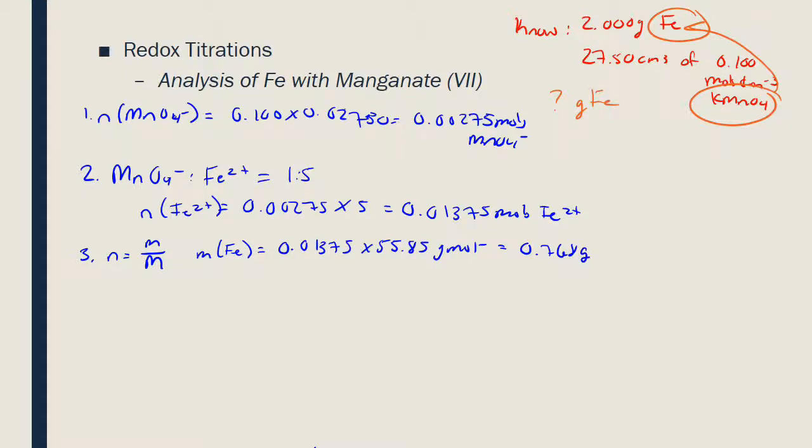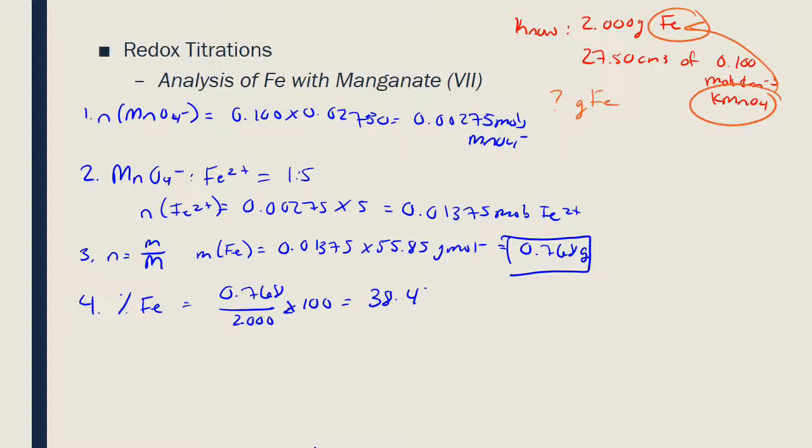So that is how many grams of iron are in the tablet. Now, how much of that tablet is actually iron? So we take that 0.768 divided by the 2 grams in the tablet, multiply it by 100, and you get 38.4%.